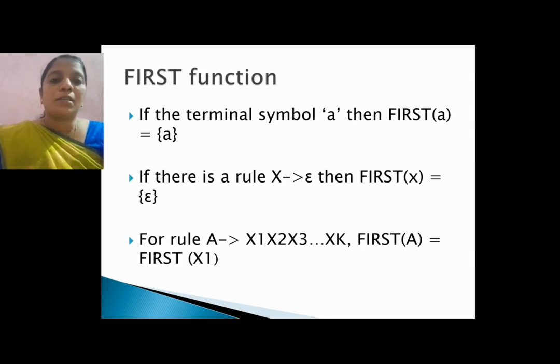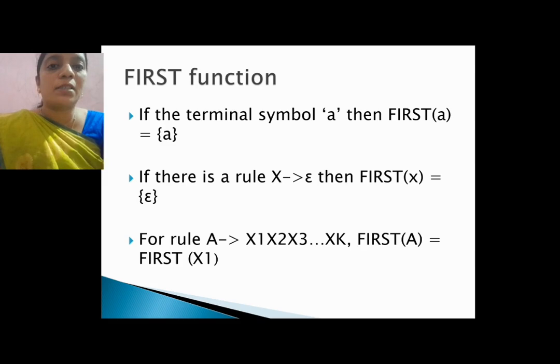The first rule tells you about first of A: if my finding is a small letter, the answer will also be that small letter. If my question is X tends to epsilon, then my answer will also be epsilon. If my question is A tends to X1 X2 X3, where X1 is in the form of a capital and X2 is also capital, then you have to search only the first term, which is X1.